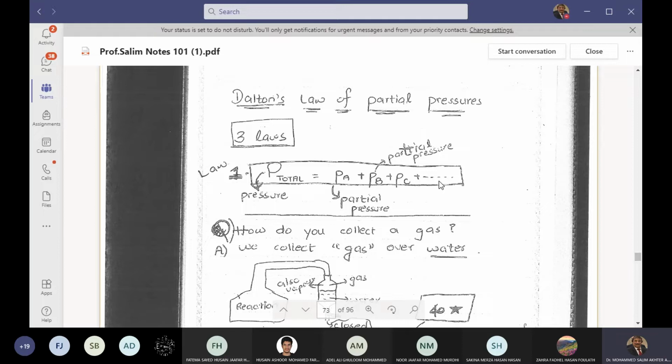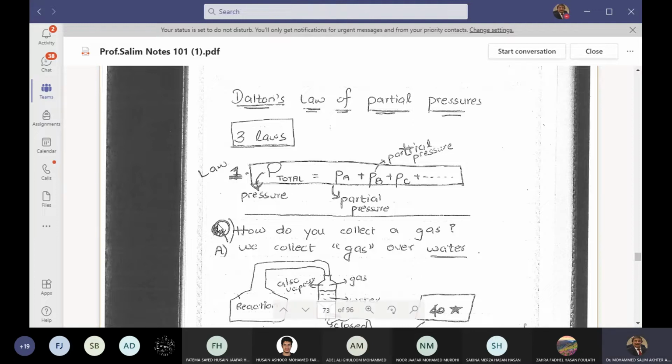So instead of saying N2, O2, CO2, CO, other gases, I am saying A, B, C. So the first law says that the total pressure is equal to the partial pressure of gas A, plus gas B, plus gas C.